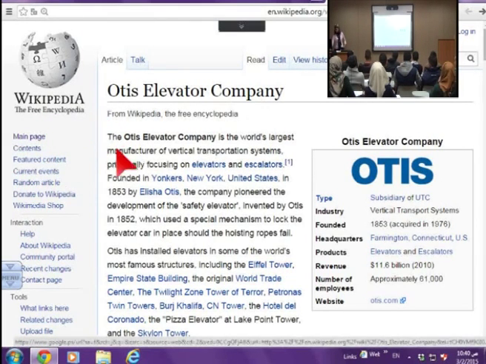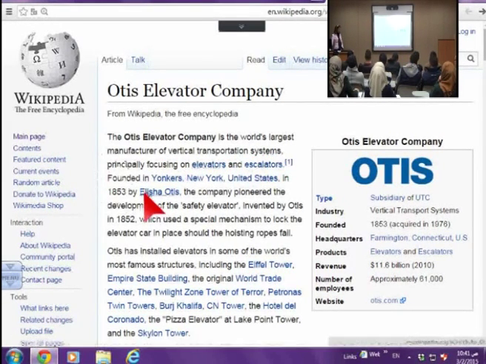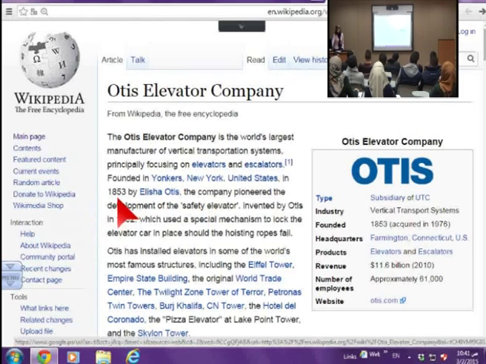So, Otis Elevator Company from Wikipedia, the free encyclopedia. The Otis Elevator Company is the world's largest manufacturer of vertical transportation systems. Okay? Principally focusing on elevators and escalators, founded in Yonkers, New York, United States in 1853 by Elisha Otis.